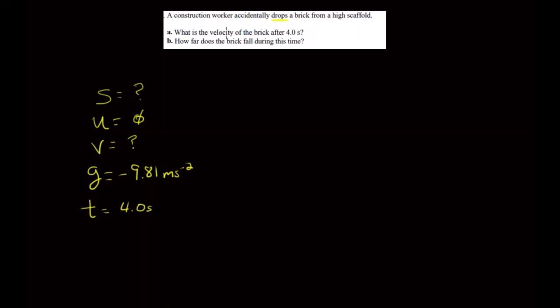So let's go. It wants to know first, what is the velocity of the brick? It wants to know the final velocity of the brick. And we can use v equals u plus at. And we can just plug in here. u is 0. So velocity equals negative 9.81 times 4.